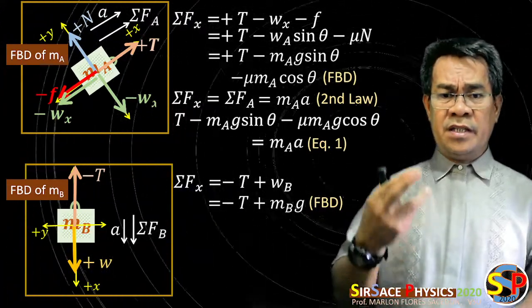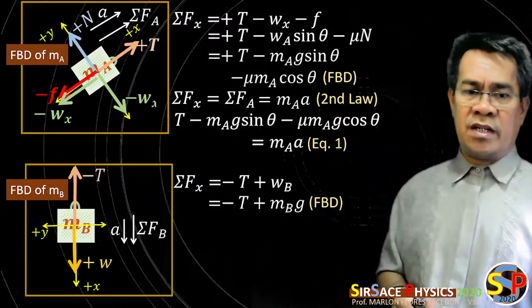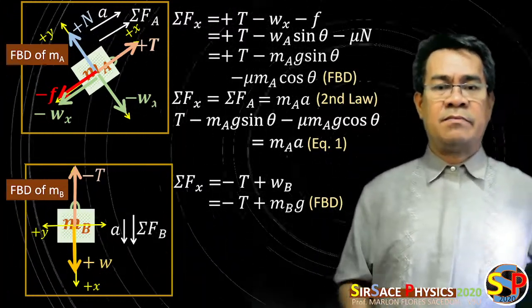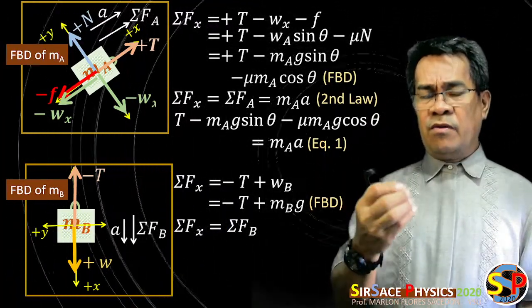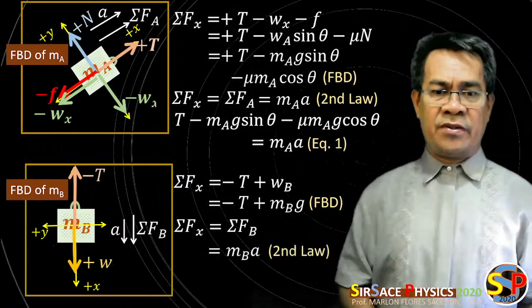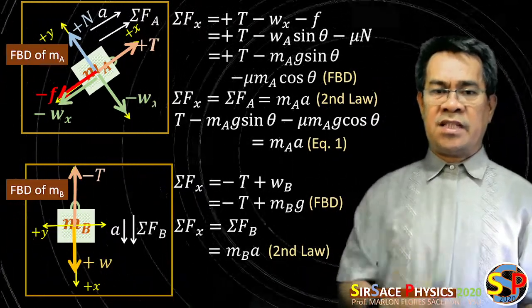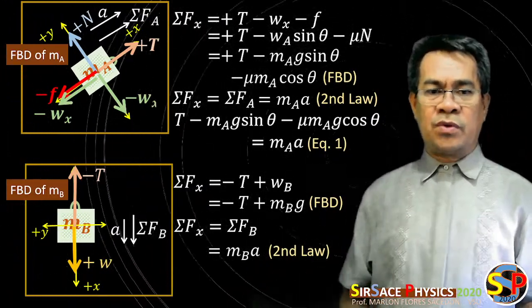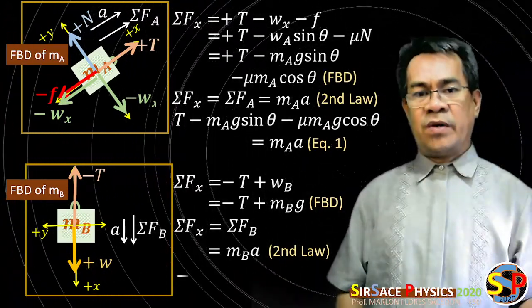So this is the sum of all forces along x from the free body diagram. Now remember again that the sum of all forces along x is also the net external force, and the net external force is mass times the acceleration of object B, that is the second law. We have two definitions of the sum of all forces along x, so we can equate the two.